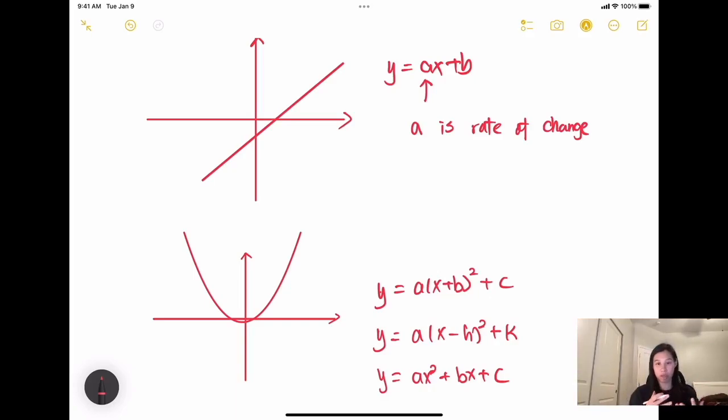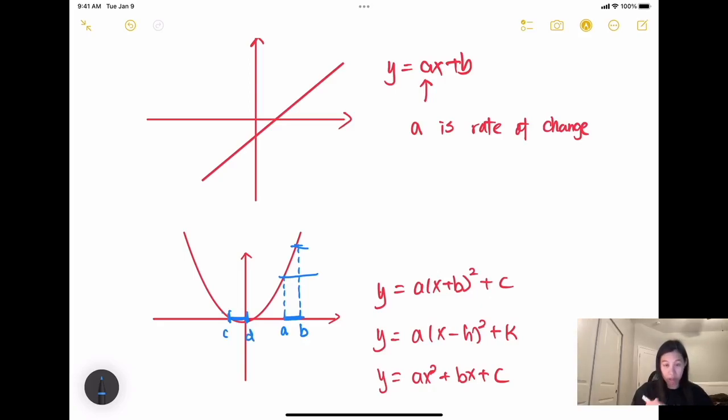So when it comes to a quadratic function, the rate of change is going to change, because if you're given these 2 points, from point A to point B, and let's say this is a distance of 1 unit, this part is steeper, right? So that means the slope is going to be bigger compared to these two parts. Let's say these two parts have the same length as AB, let's call it CD.